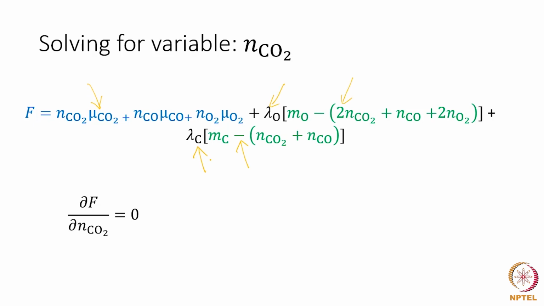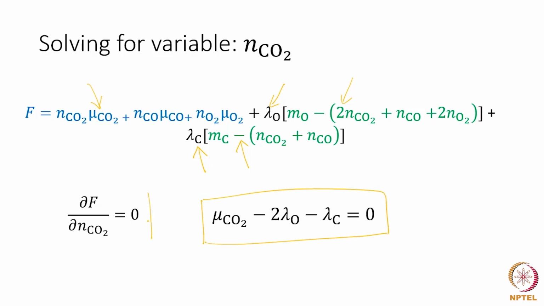So what it would result in is that mu CO2 minus 2 lambda O minus lambda C is equal to 0. So this is a condition that comes out when we apply the minimization of the composite function F with respect to the variable NCO2, the number of moles of carbon dioxide.